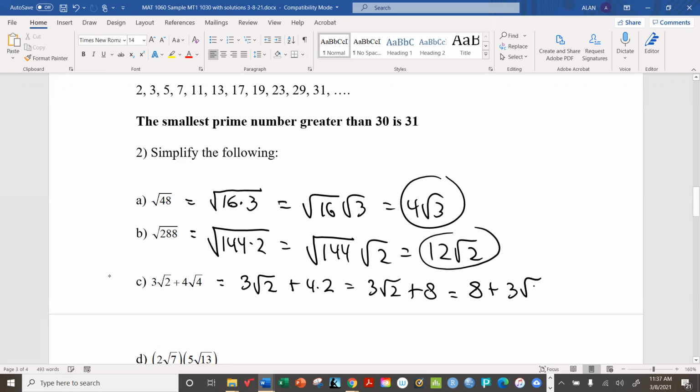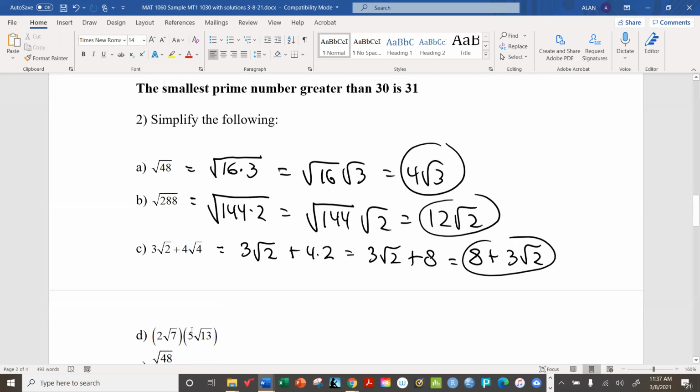Not that it really matters, but if you're a mathematician, this is what you would prefer to see. The natural number plus some function of a square root, as opposed to what we have here. All right, either way, you've got the same numbers. Very good.